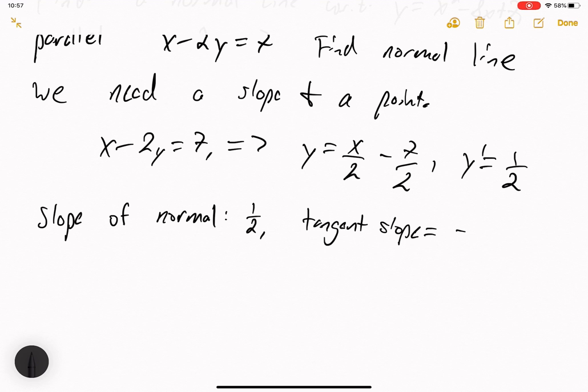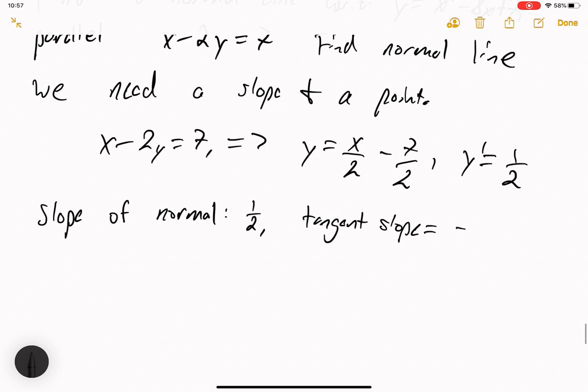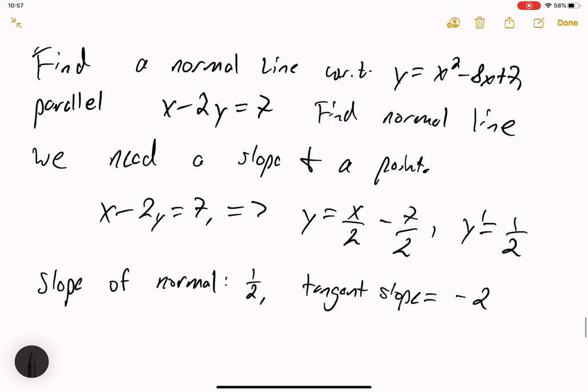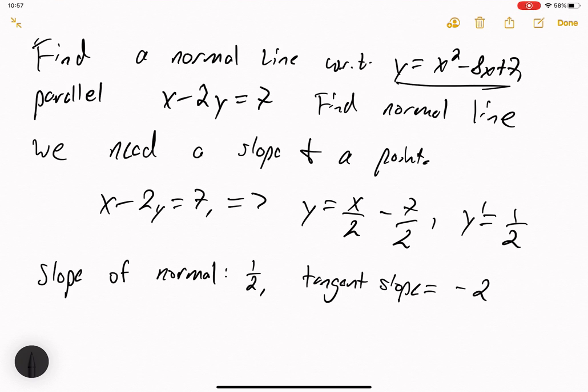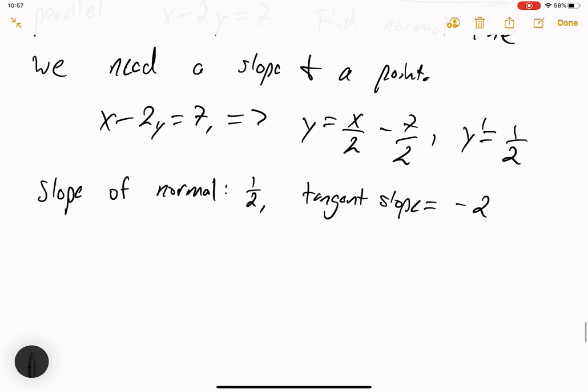The reciprocal of 1/2 is just 2, so negative 2. Then we talk about our curve, the curve they actually want to find a normal line with respect to, y is equal to x squared minus 8x plus 7. So we need to find where the derivative of that is equal to negative 2.